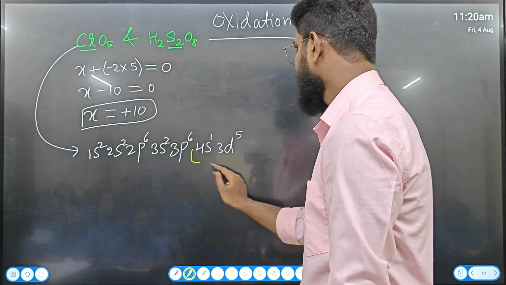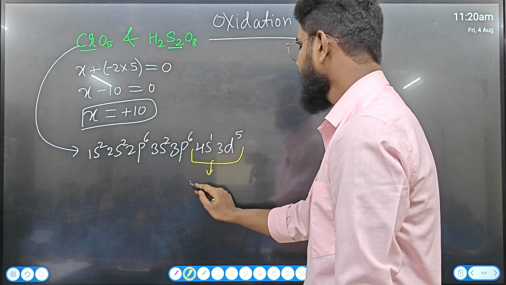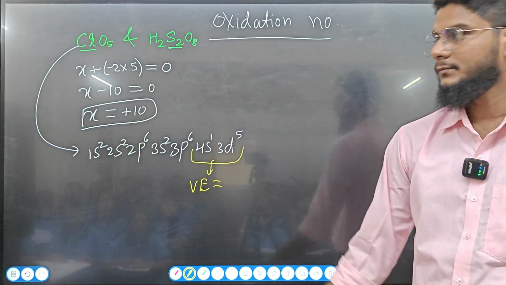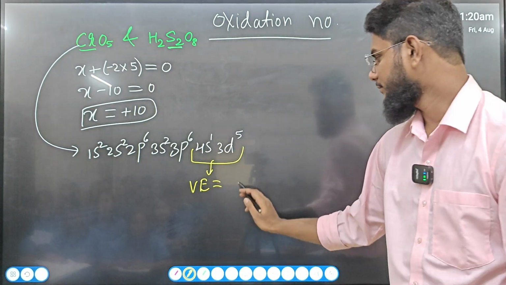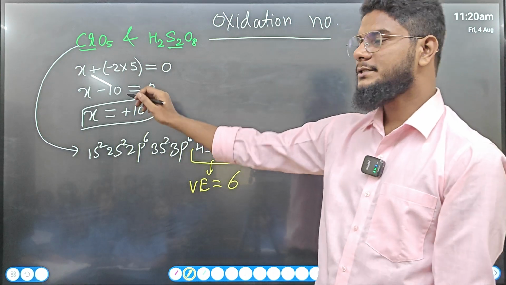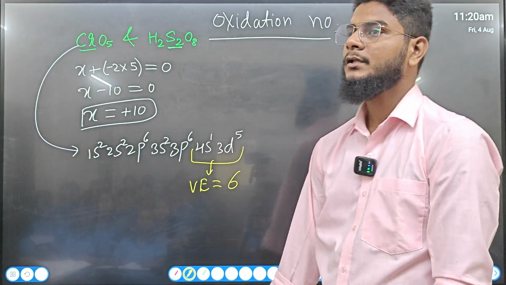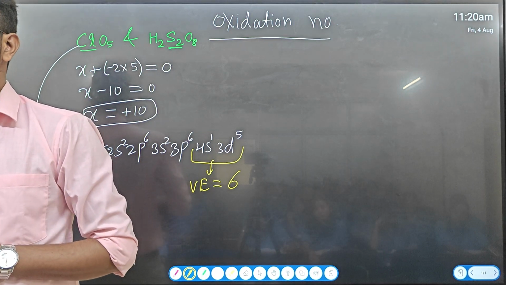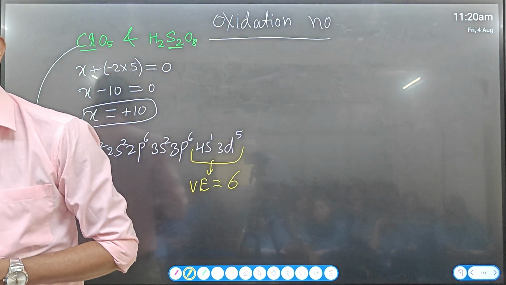This is your valence shell. How many valence electrons does it have? 5 plus 1, 6. But the oxidation state is 10. This is not possible. The oxidation state cannot be greater than valence electron.